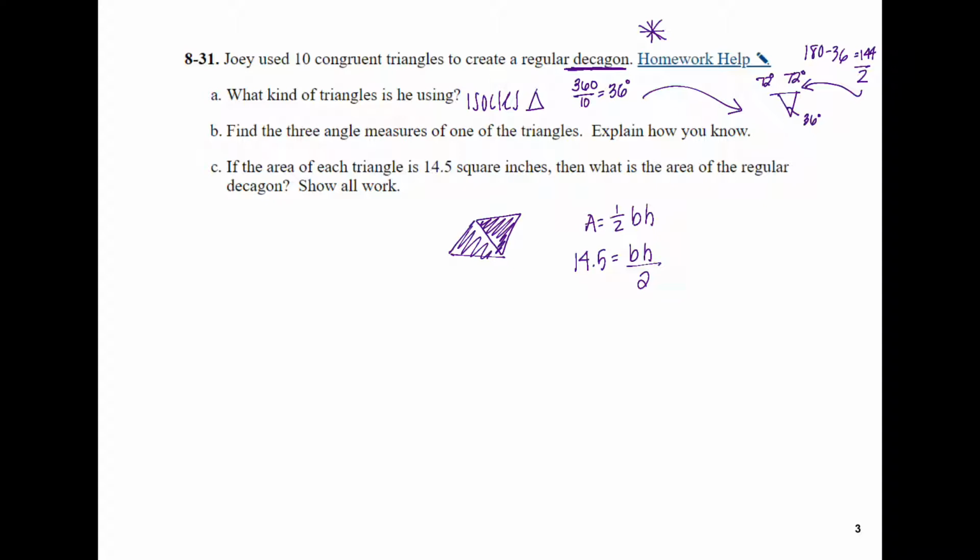So we can take the area of 1, 14.5, multiply that by all 10 triangles. So we get approximately 145 inches squared for the area of our decagon.